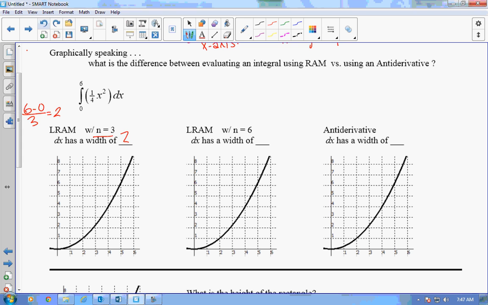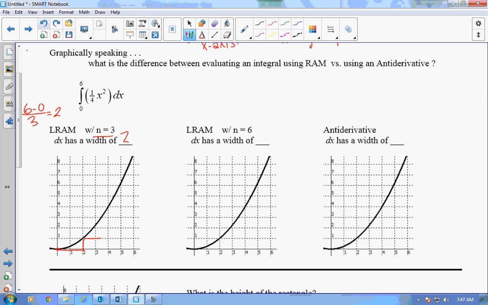Okay, would you draw your rectangles on that one, showing the left rectangular approximation method? So your first rectangle should be from 0 to 2, that's flat, right?